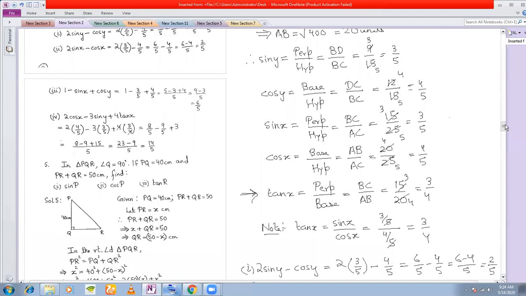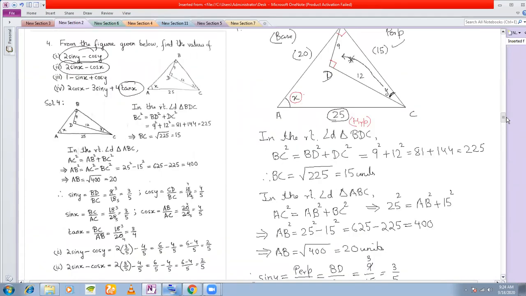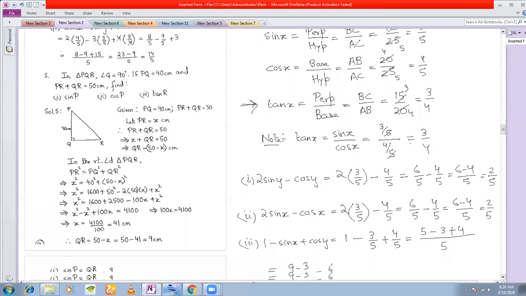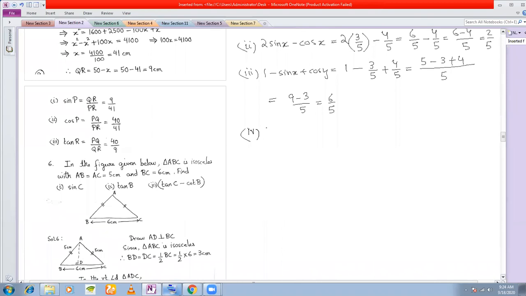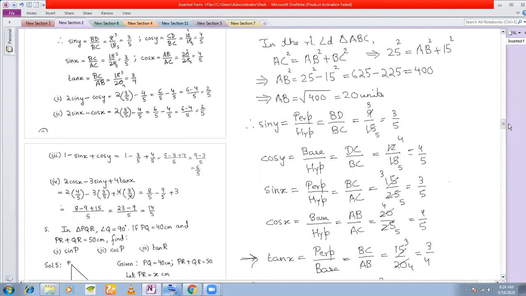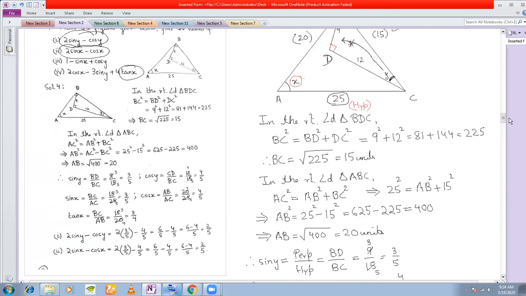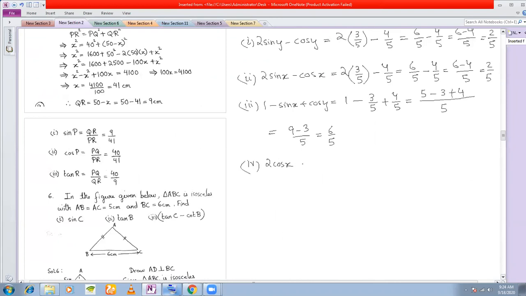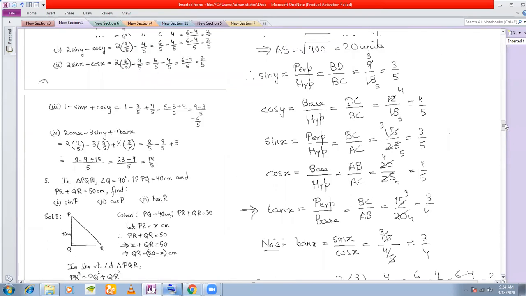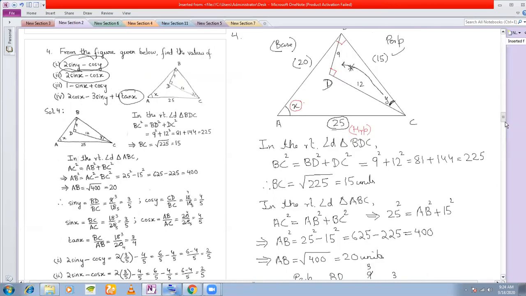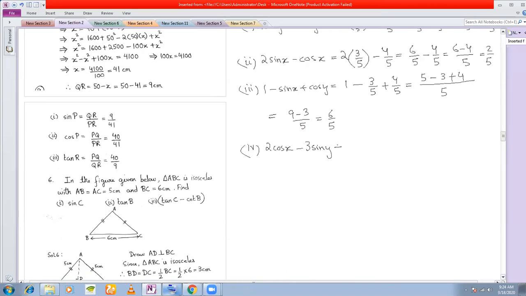Okay, so this is the value of the third expression, and the final expression is 2 cos x minus 3 sin y plus 4 tan x. Let's see what the value of cos x here is.